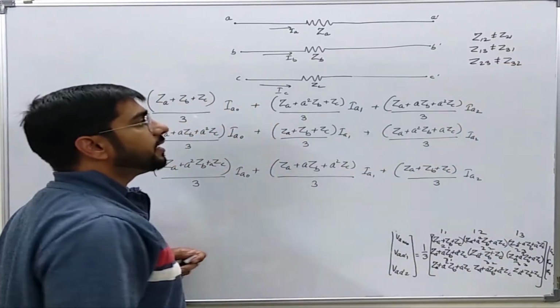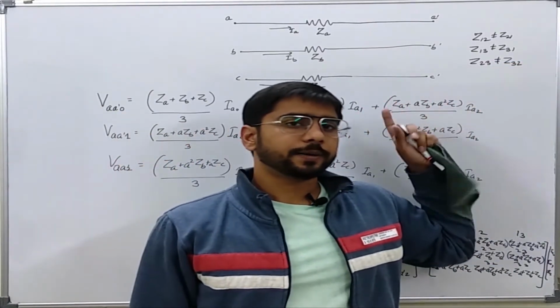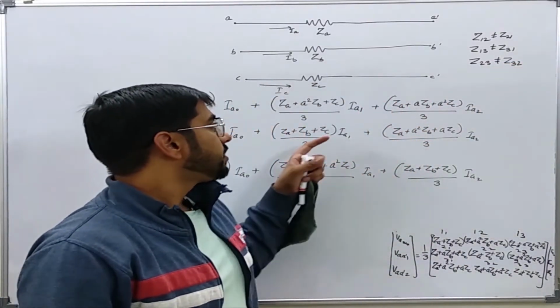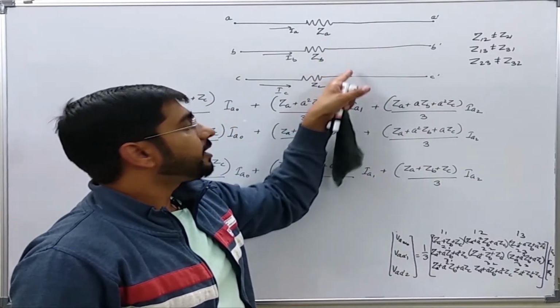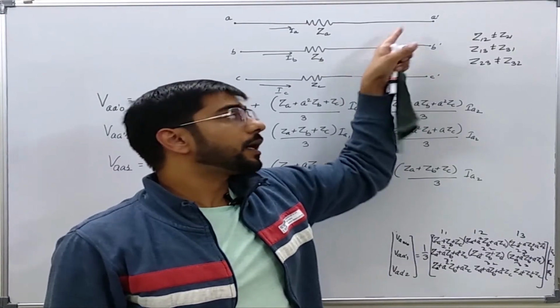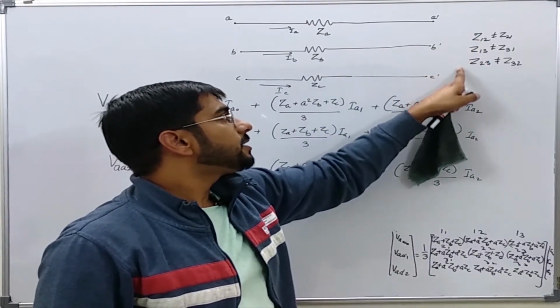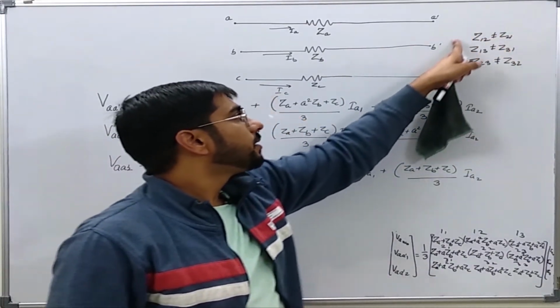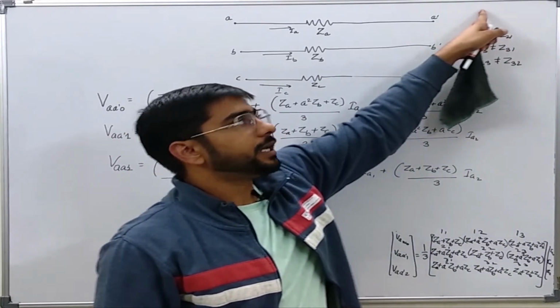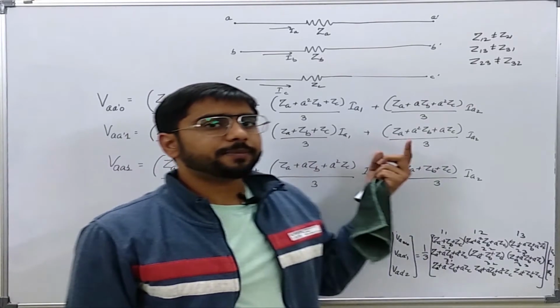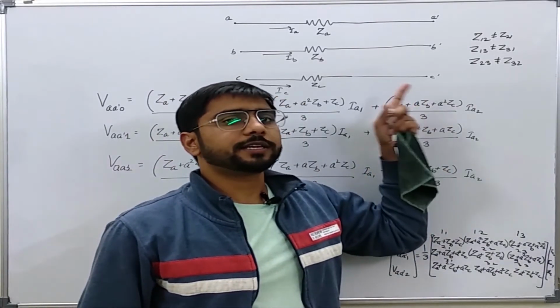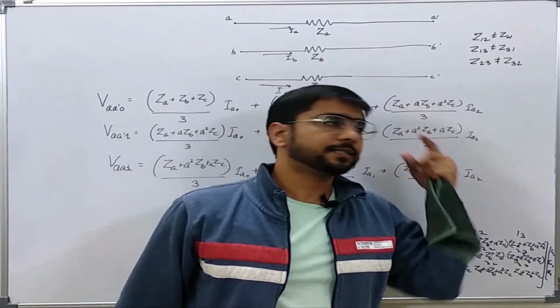So you see that the network is not reciprocal here. Even if this three-phase network is bilateral or reciprocal, even then the sequence network is not following that property. This is a very peculiar thing about this network, and I already told this in one of my previous lectures.